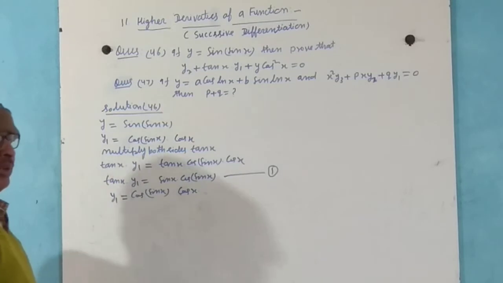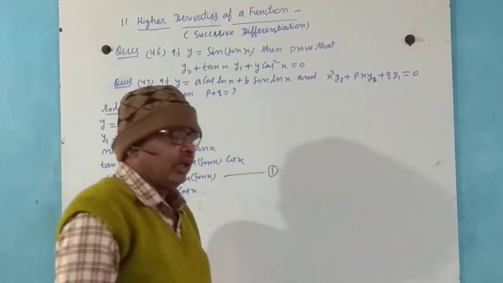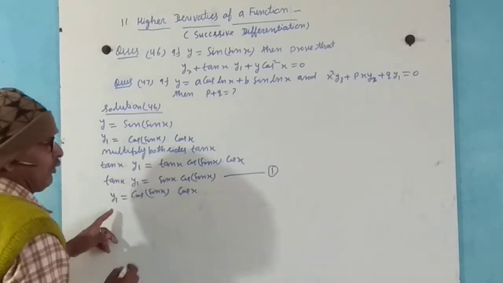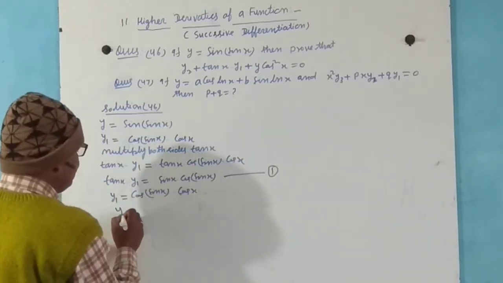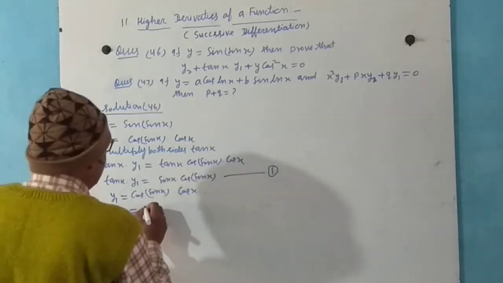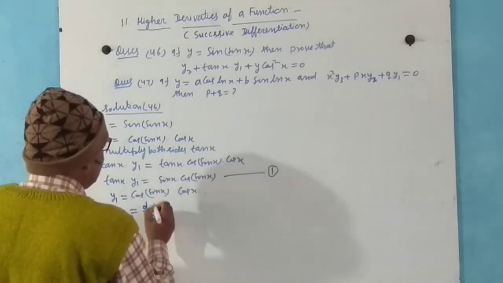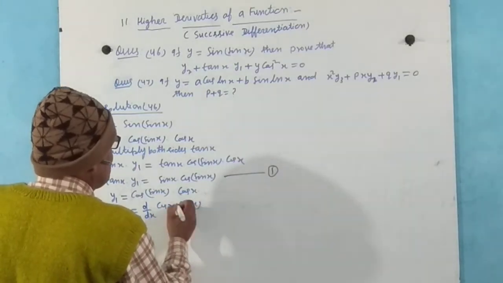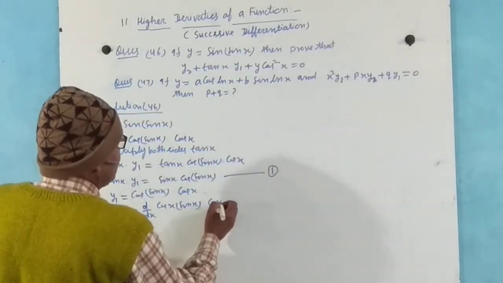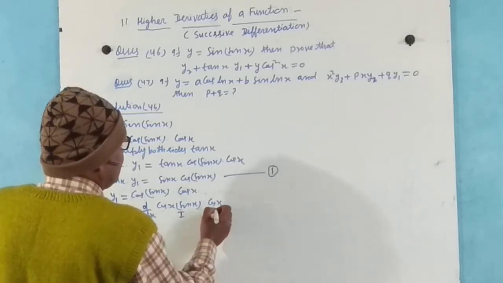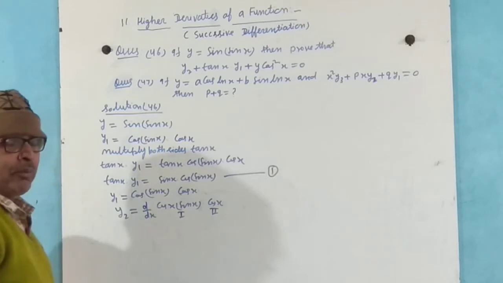Now again differentiate with respect to x. This can be written as d by dx of y1, which equals y2, and d by dx of cos of sin x into cos x. This is the first term and this is the second term.